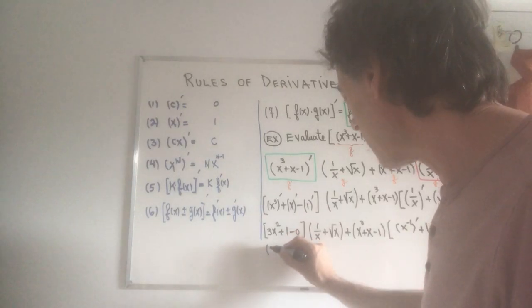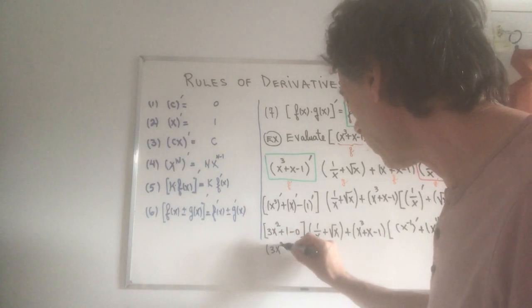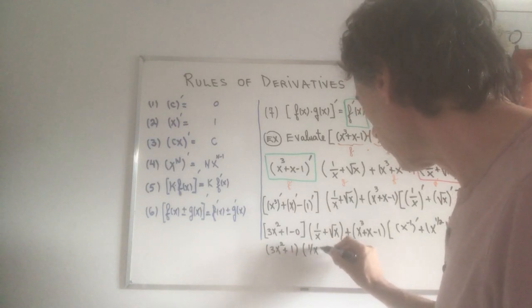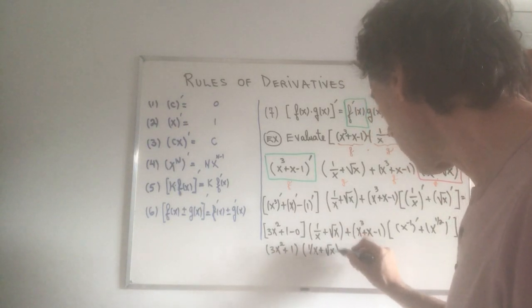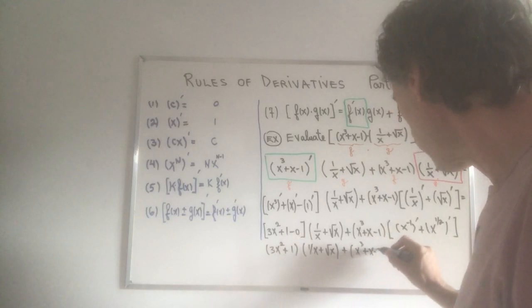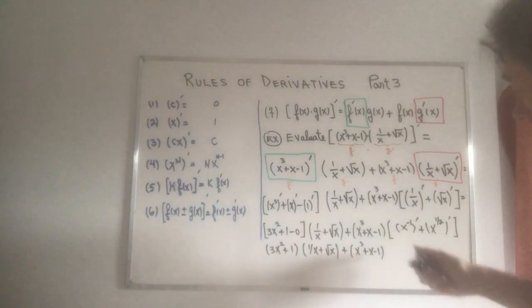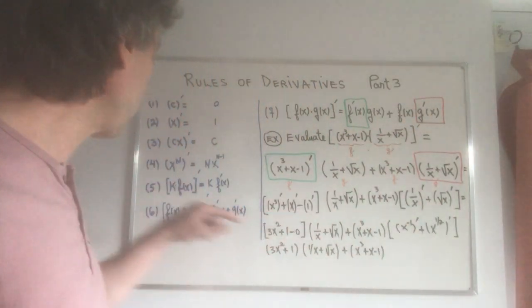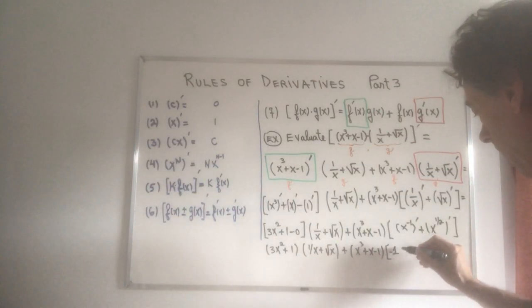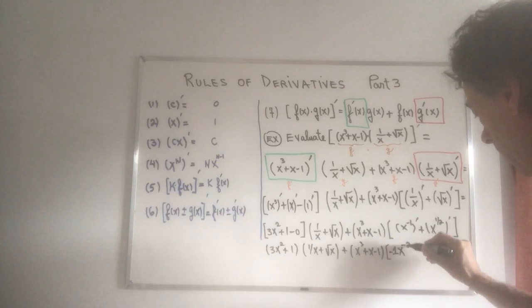So, second to last, 3x squared plus 1 over x plus root x, x^3 plus x minus 1, a lot of rewrite here. And here, that's where the action is. So x to the minus 1, we said rule 4. We're going to bring the minus 1 in front. We're going to get minus 1, x to the minus 1 minus 1.